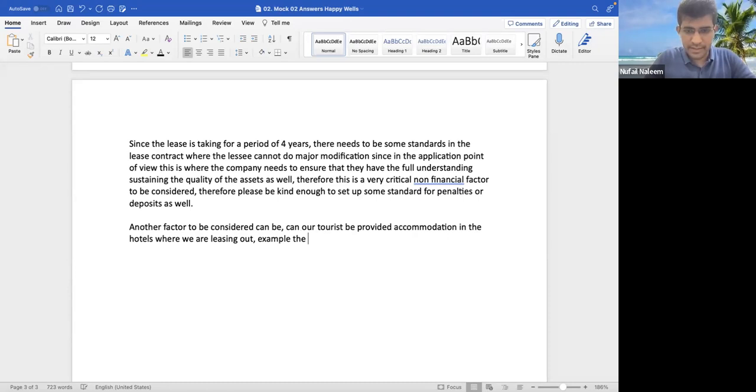Example, the competitors cannot rent out our hotels and provide services for their tourists. Therefore, this is a major factor to be considered.